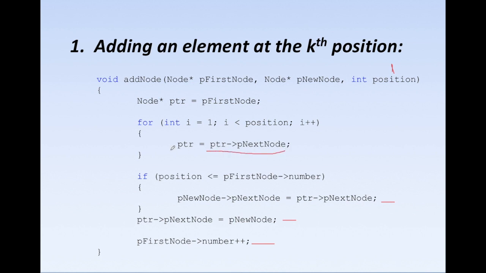So ptr is equal to ptr.pnext node, which is pointing to the element at which I want to move, which is the first node.